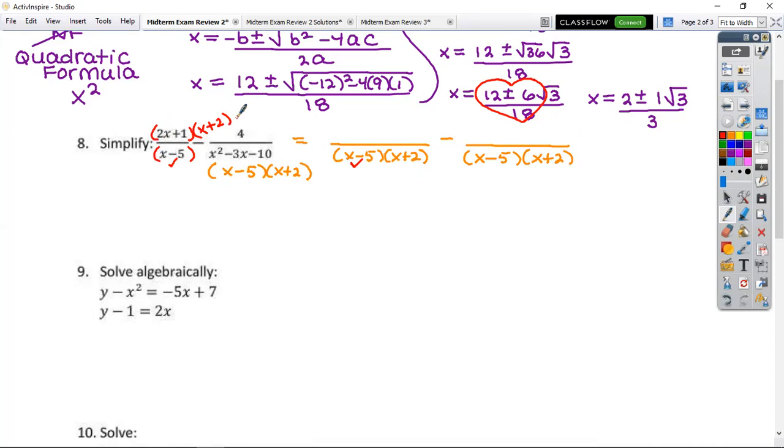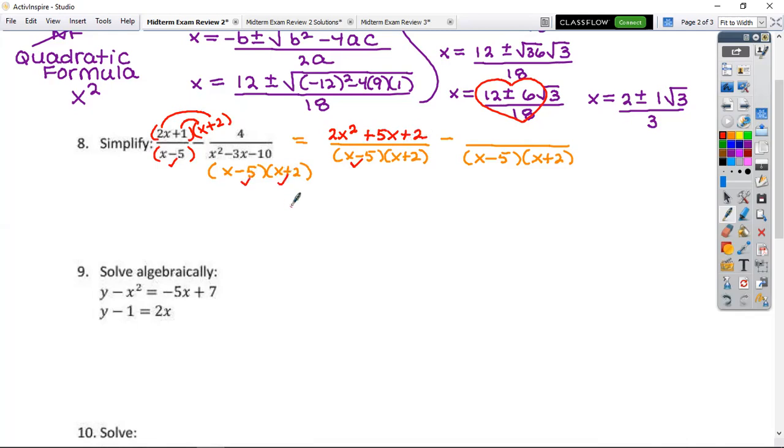Okay. Let's do that off to the side. 2x times x is 2x squared. Plus 4x plus 1x is 5x. 1 times 2 is 2. This one's all set.